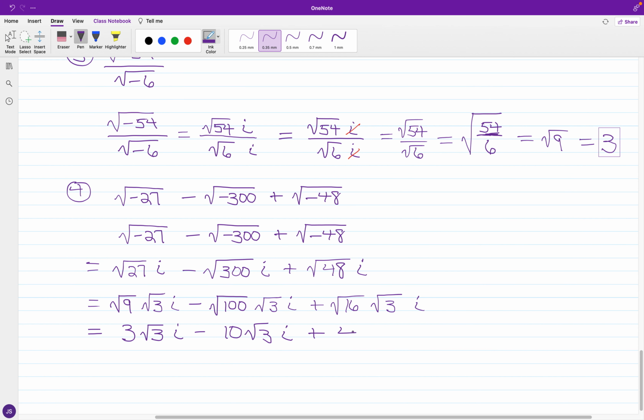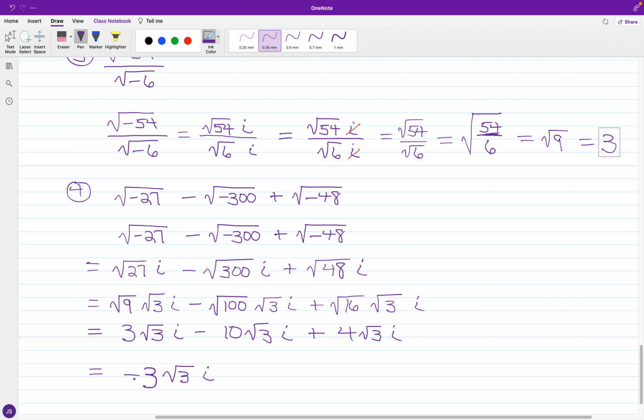And then we have 4 times the square root of 3 times i. And if you notice, we have like radical terms that are complex. And you notice all these are square root of 3i terms. And if we combine the coefficients, you've got 3 minus 10 is -7. In turn, -7 plus 4 is going to be -3.